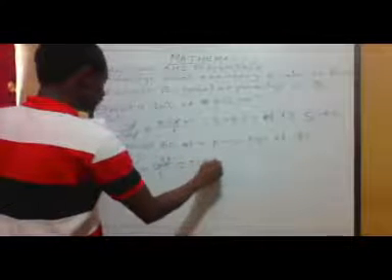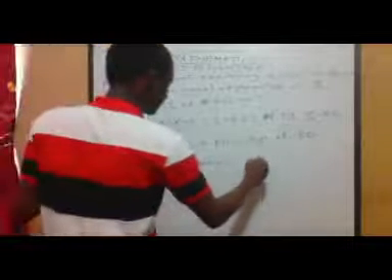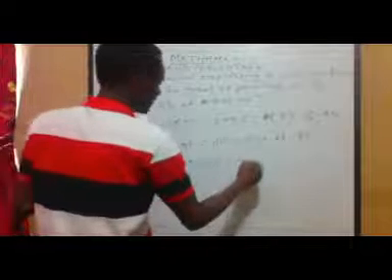So that means I'm having 3 times 25, which is 75%.